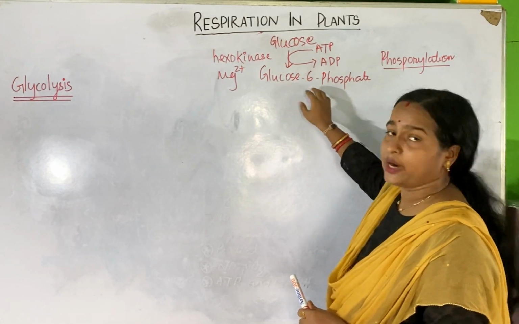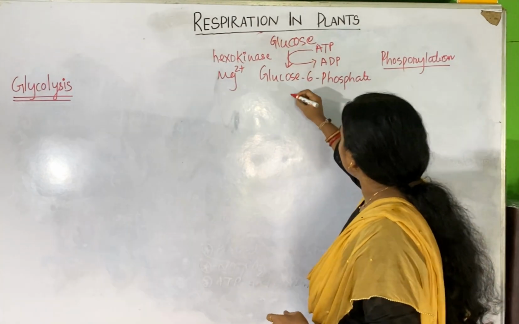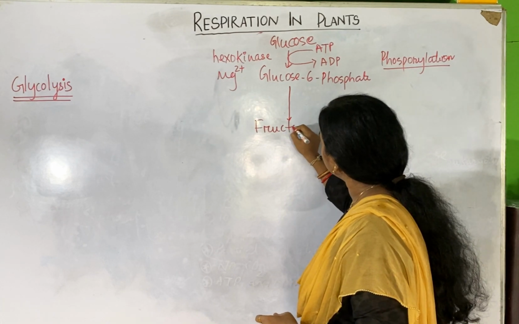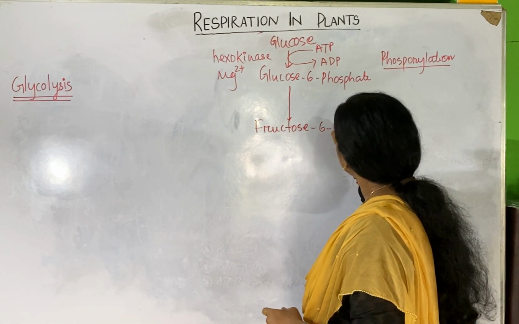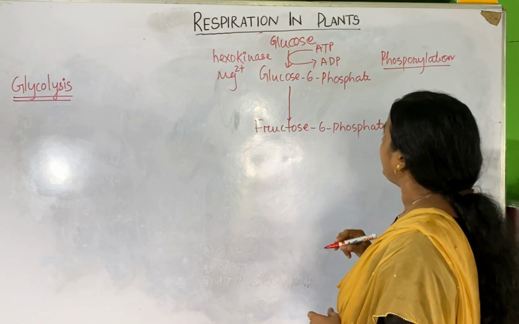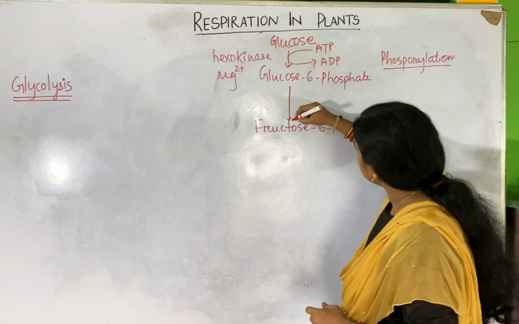Then the product, glucose 6-phosphate, will be converted into its isomer, called fructose 6-phosphate, and this is a reversible reaction.